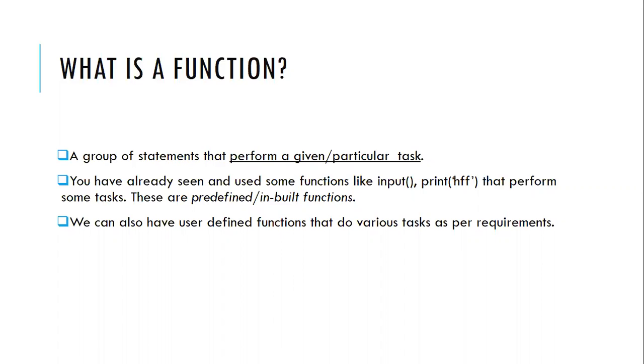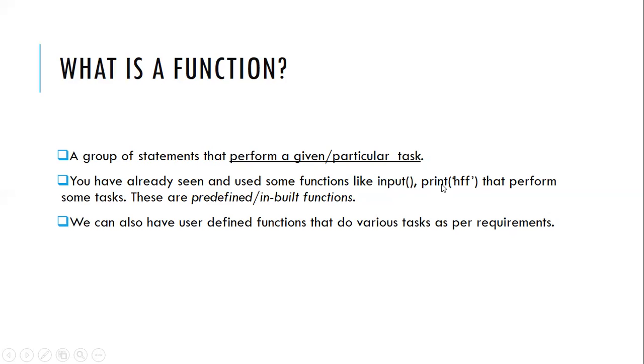We have seen so many predefined or inbuilt functions previously. For example, in Python, whenever we are taking input from the console, then we use the function called input. Or if we are trying to print something on the output screen, we use the function print. But these functions are not made by us.